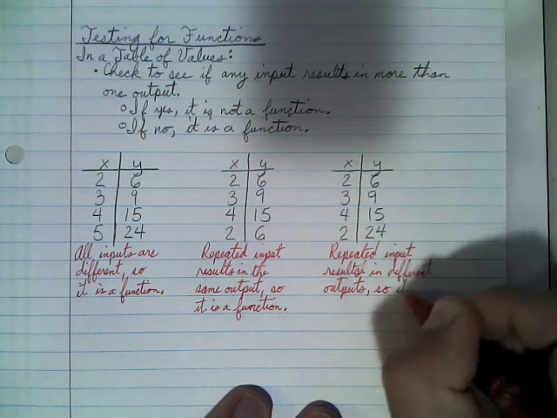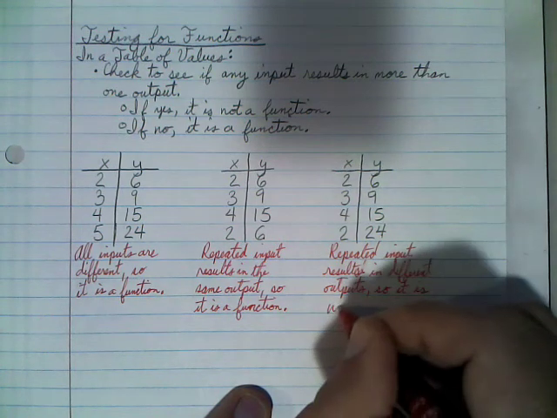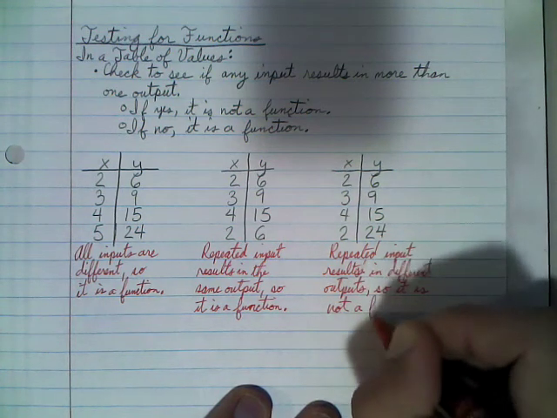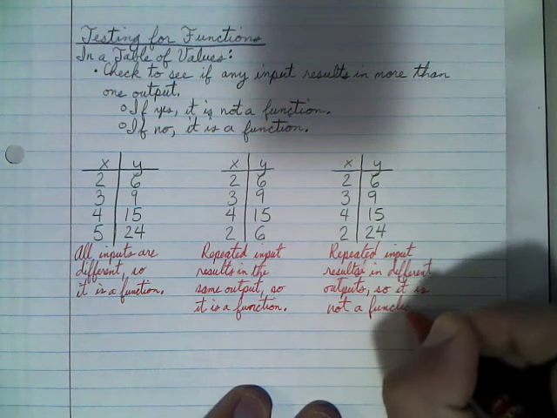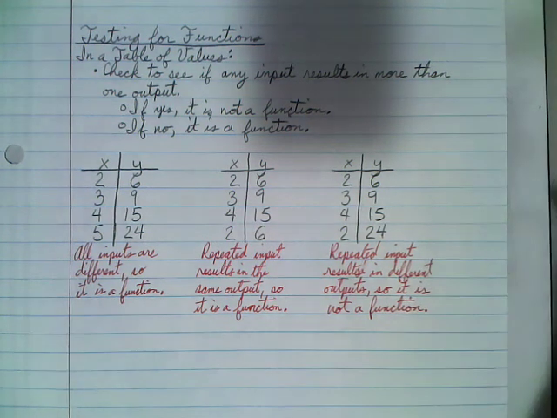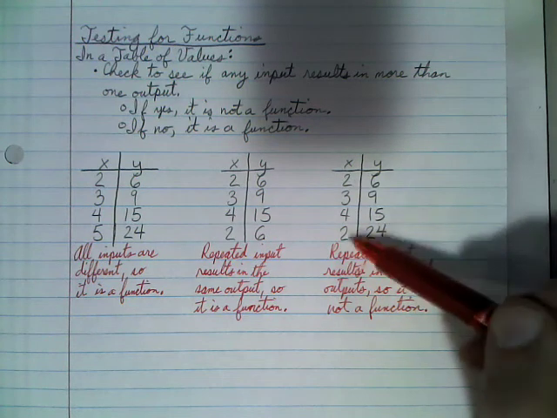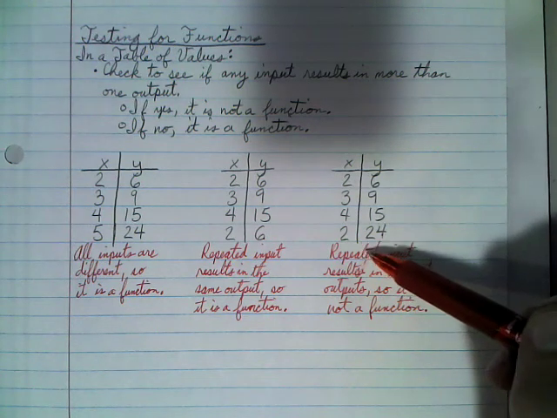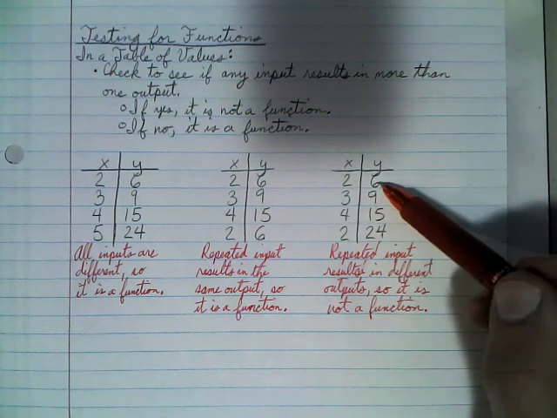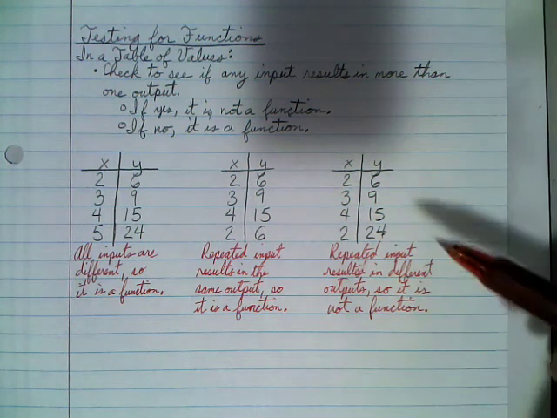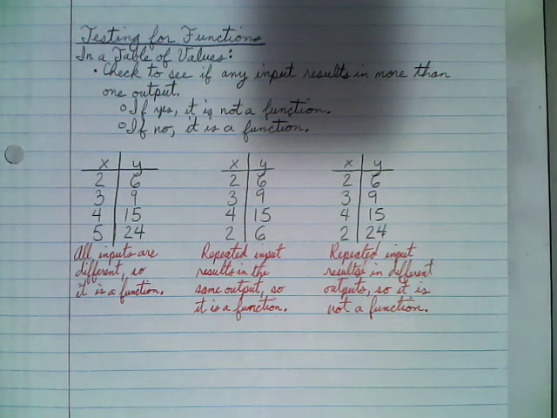So it is not a function. Again, if there's any place where we can find an input that results in more than one output, so 6 is one of the outputs, 24 is another output, that has more than one output that comes from 2. So not a function. So that's the idea when we're looking at a table of values.